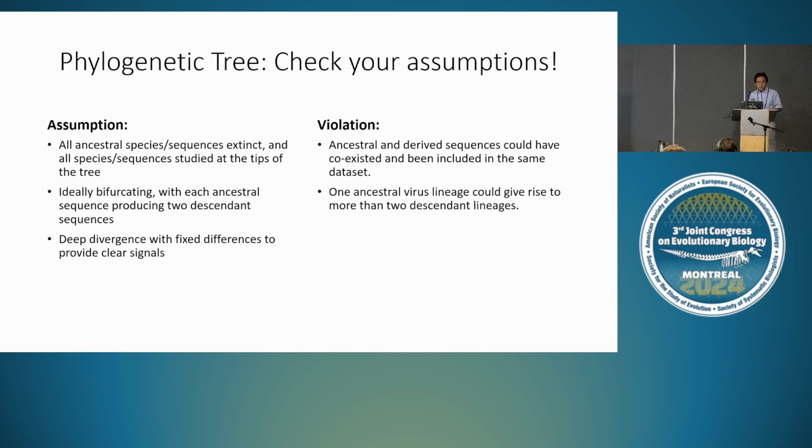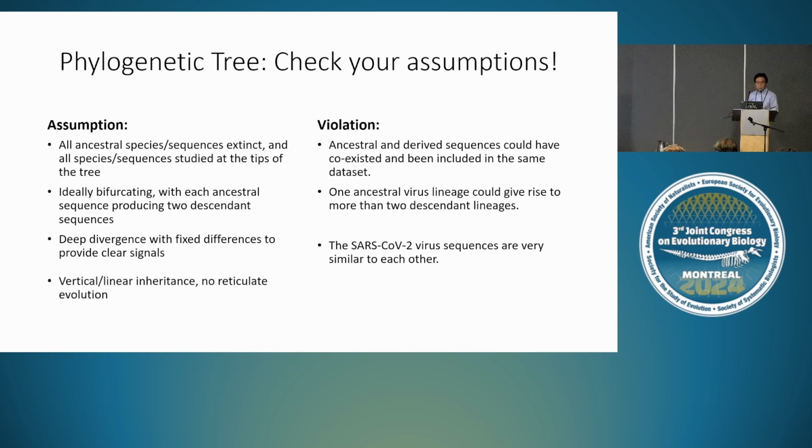And if you want to get a very clear signal, a well-resolved tree, you need to have a deep divergence with fixed differences among the sequences you are looking at. But in the case of SARS coronavirus 2 ongoing evolution, those sequences are maybe very similar to each other. It's hard to find a very clear signal among them using phylogenetic tree analysis.